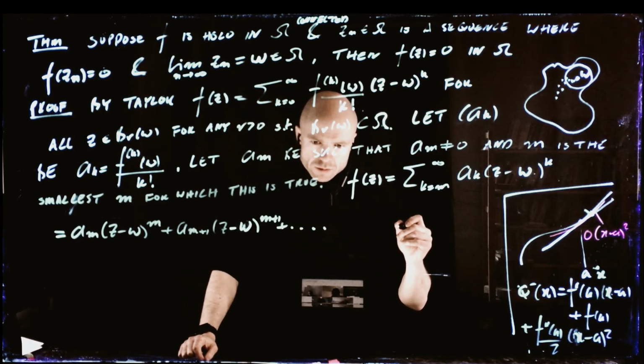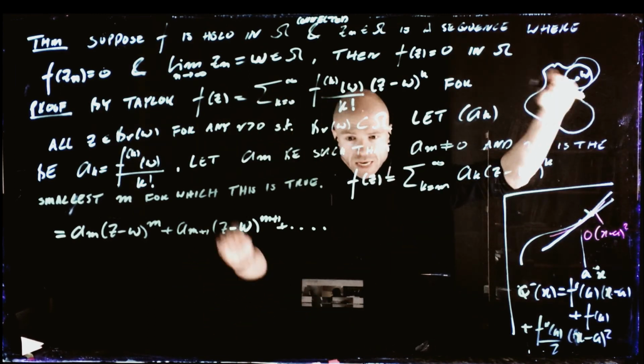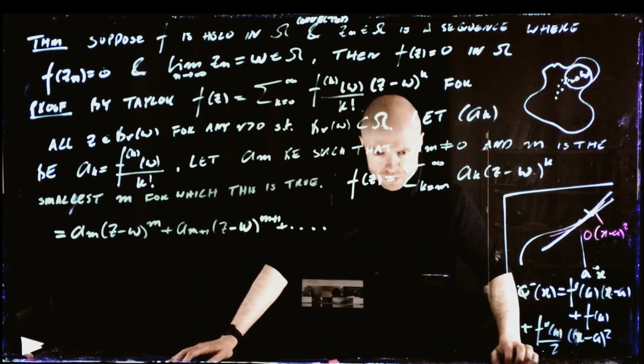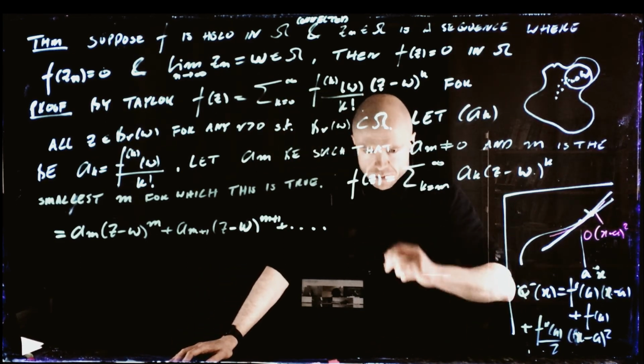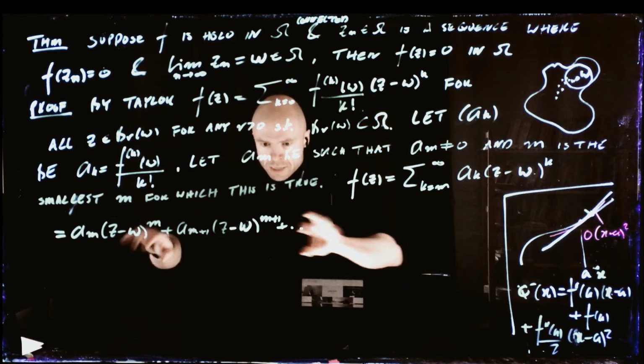Okay, so we have refined information about how this thing is behaving, how it's going to 0 as we approach w. So tell me about it. What do we know about it? Look what this says.